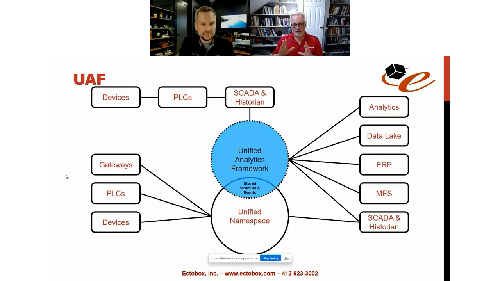Yeah. So I want to step back and summarize to make sure I have it right and to help people really engage with this. First, we're moving away from the stovepipe, vertical stack, Purdue, Industry 3.0, call it what you like.